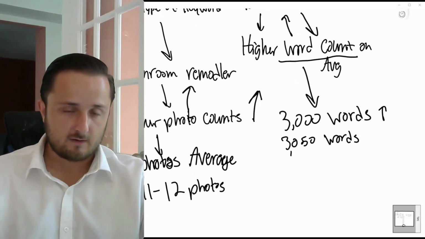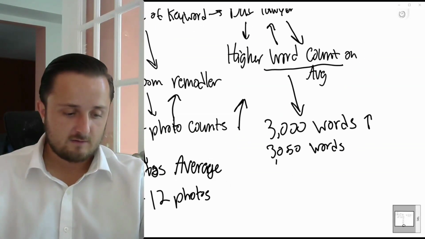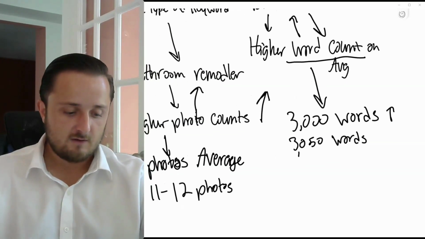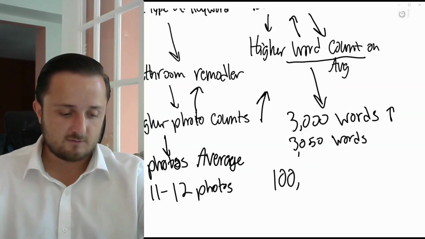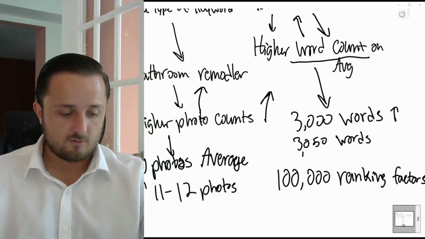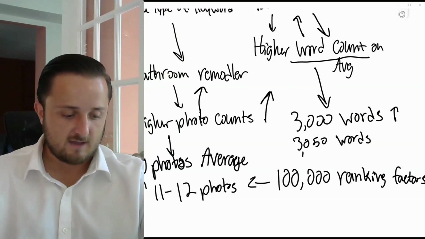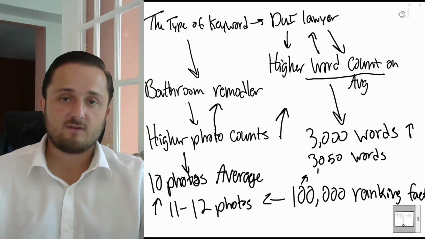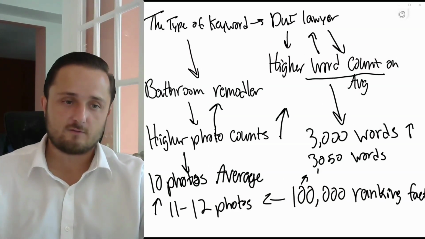Now, real quick, let me be clear. There's more than 2 ranking factors. There's over 100,000 ranking factors. I'm just trying to explain that your local competition or your local environment is going to have an influence on what it takes to rank.